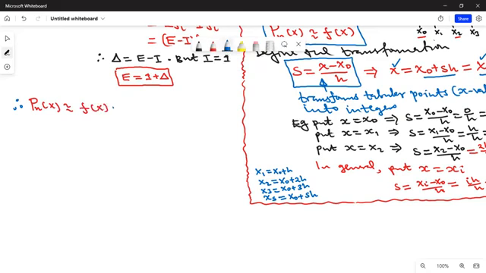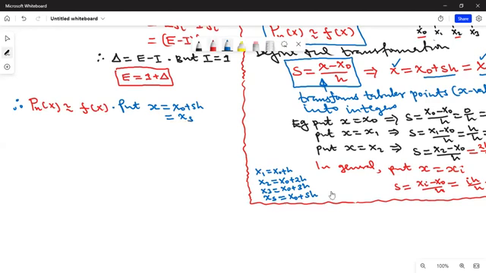Now put where we have x, it is the same as x naught plus sh, which is the same as x subscript s.